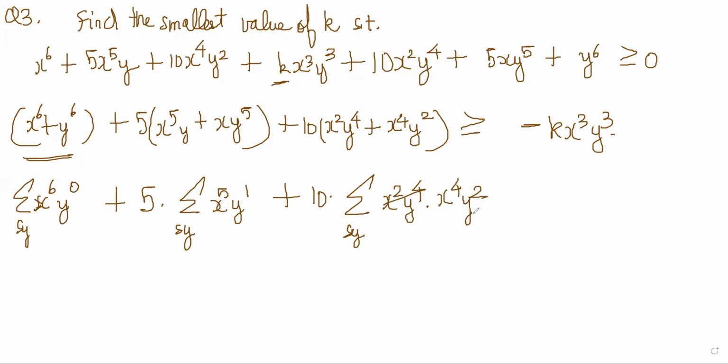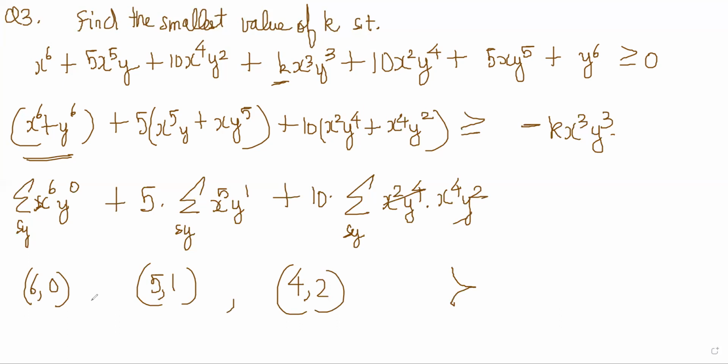So the sequences here are 6 0, 5 1, and 4 2, and you will notice that all of these sequences majorize the sequence 3 3, because 6 plus 0 is equal to 3 plus 3 and 6 is greater than 3, 5 plus 1 is equal to 3 plus 3 and 5 is greater than 3, and 4 plus 2 is also equal to 3 plus 3 and 4 is greater than 3. So since the sequences majorize this, we know that all of these symmetric sums are greater than or equal to the symmetric sum of x cube y cube.